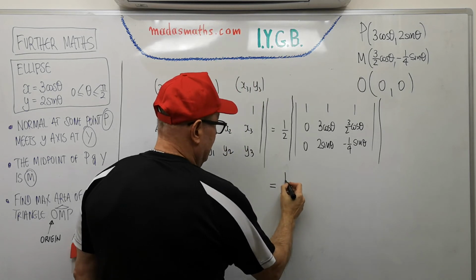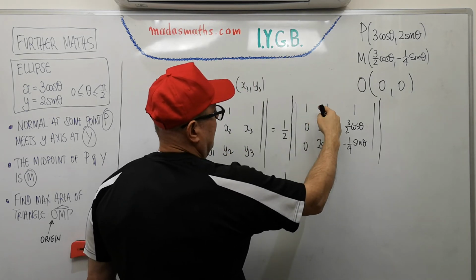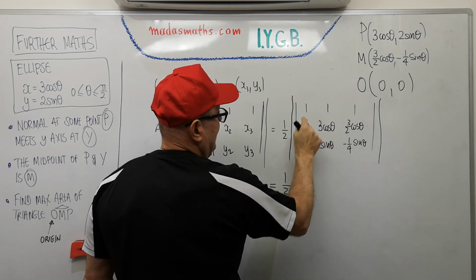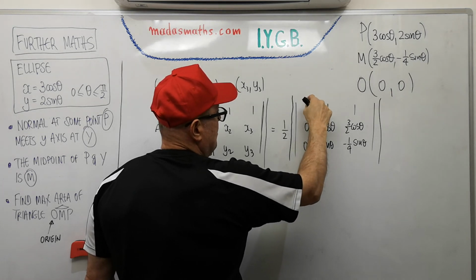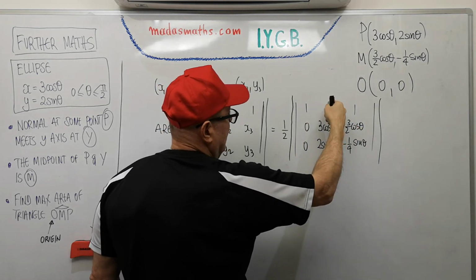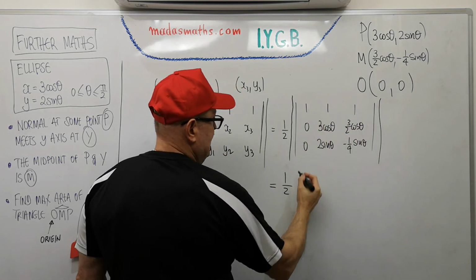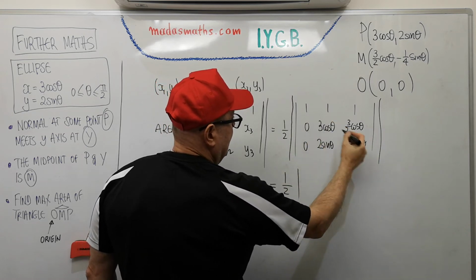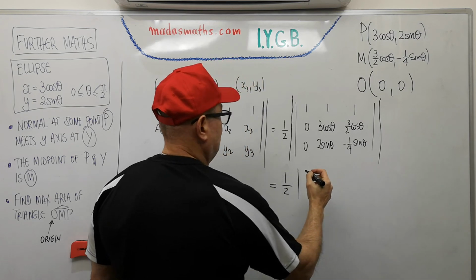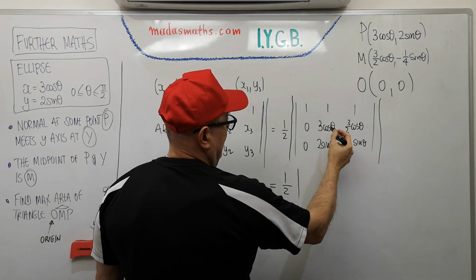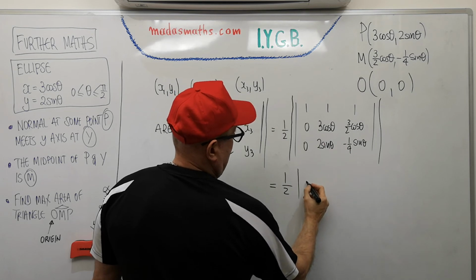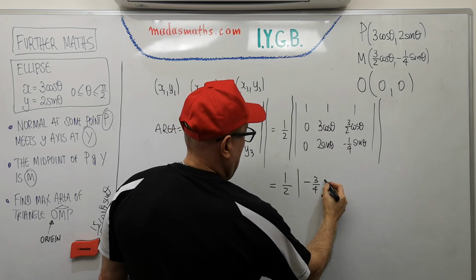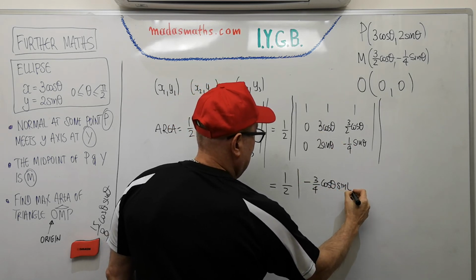Okay, so let's put another straight line there. All right, that's going to be a half, and this of course will produce 0. All the other entries, the only entry that you're going to get, because it goes 0 there, is the minor for this one. So it's going to be that minus that. If you go there, there's nothing else, so therefore it's going to be equal to the modulus, that's the outside, of that times that, which is of course 3 minus minus 3/4 there, cos theta sine theta.